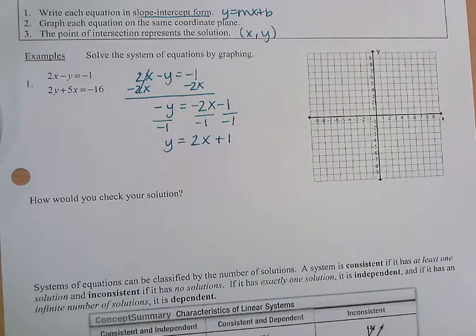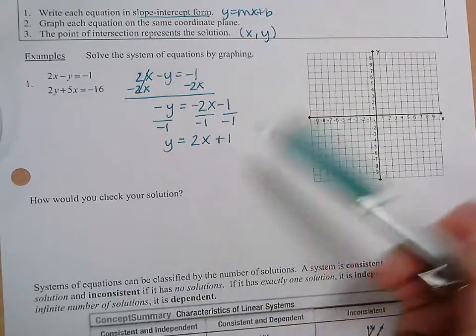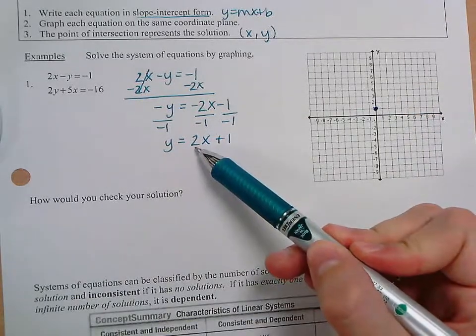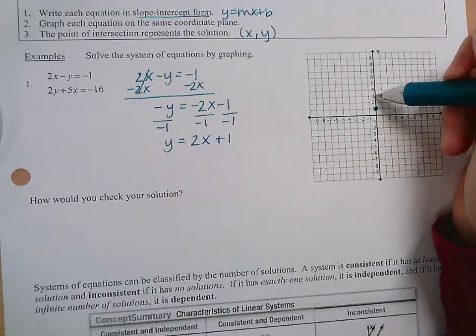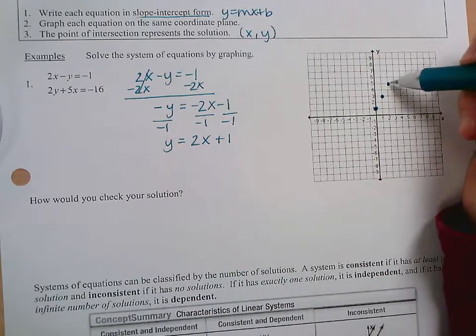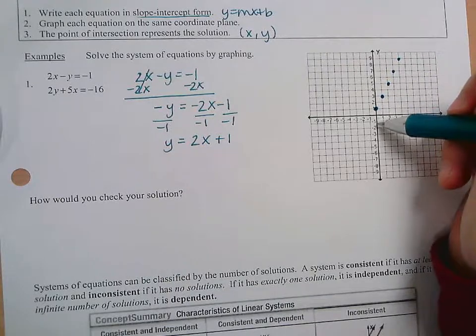Is my equation. I know I didn't have you pick up rulers, so just do your best to draw your lines today. So if I was graphing this, start at 1 on the y-axis, and then my slope is 2, so going up to the right 1, or down to the left 1.